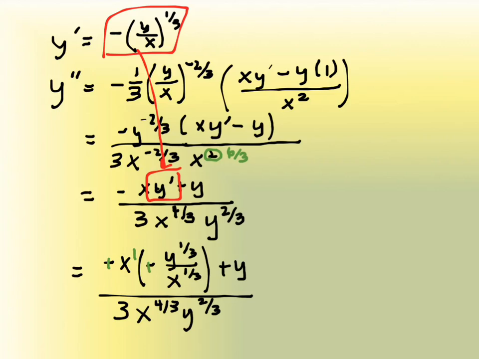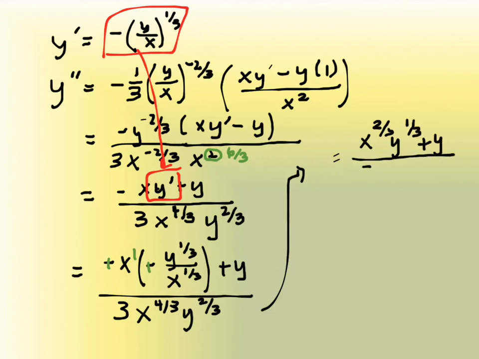X to the 2/3. So I'm running out of space down here. So I've got x to the 2/3, y to the 1/3, and then I have plus a y, yeah? And then my denominator is 3x to the 4/3, y to the 2/3.